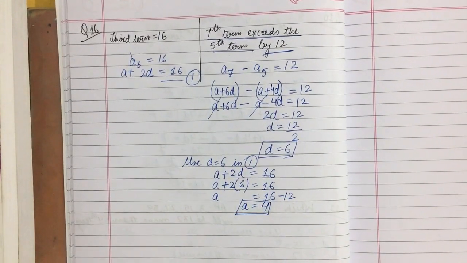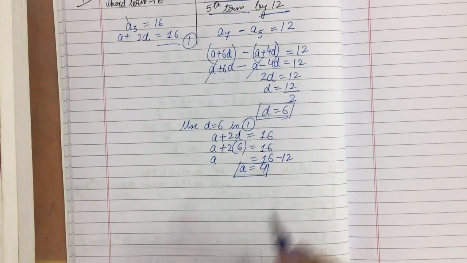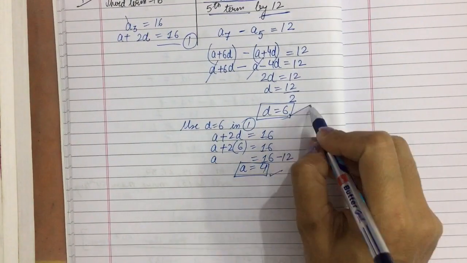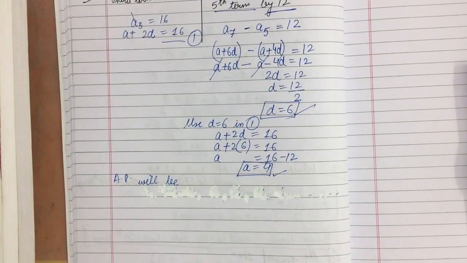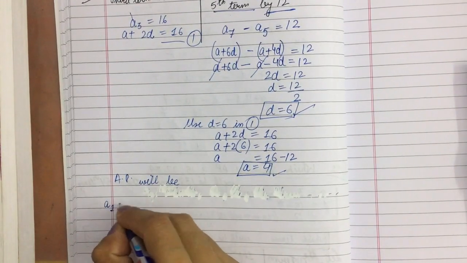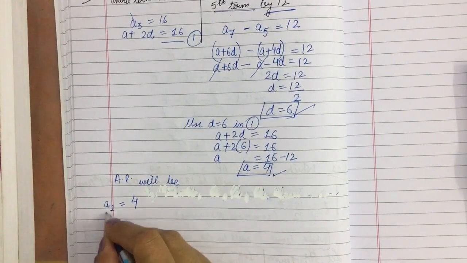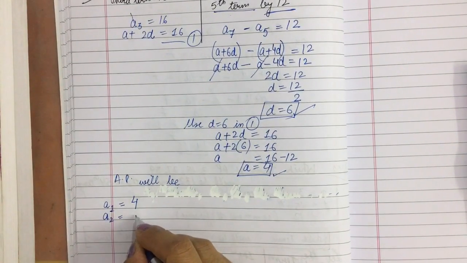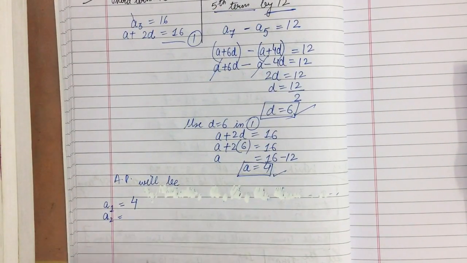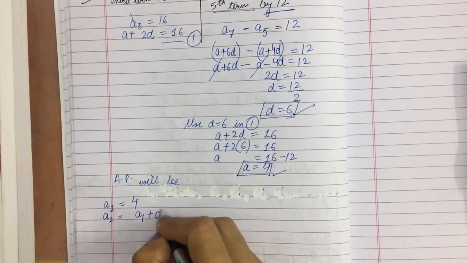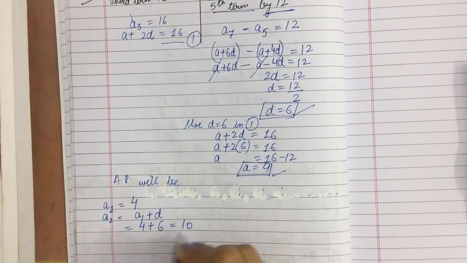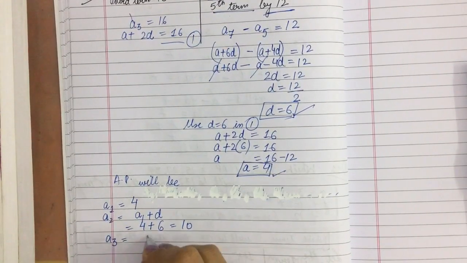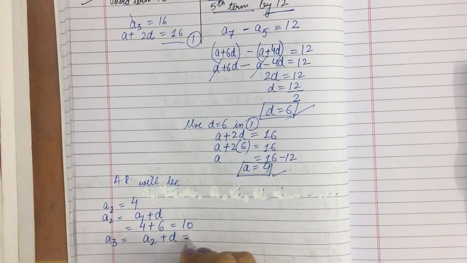And you had to actually find out the AP itself. Now you have the first term, you have the common difference, the AP. So the AP will be: the first term is 4. The second term will be obtained by adding the common difference to the first term. So A1 plus D. This will be 4, the common difference is 6, so this will be 10. A3: take the second term, add the common difference.